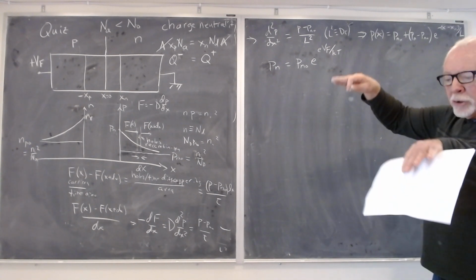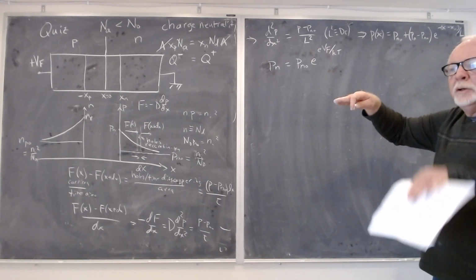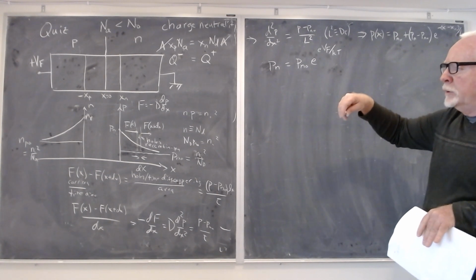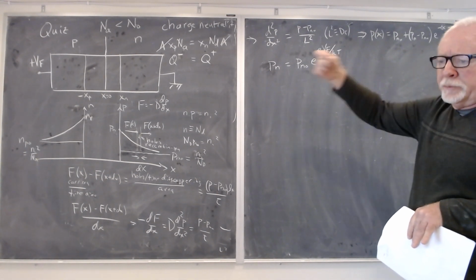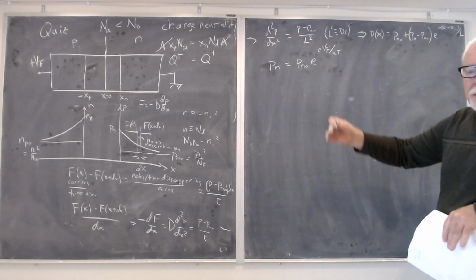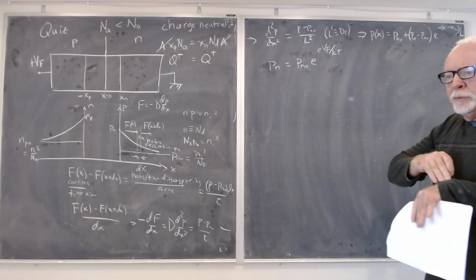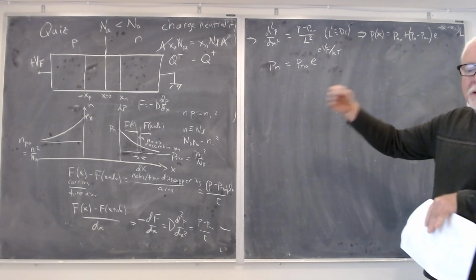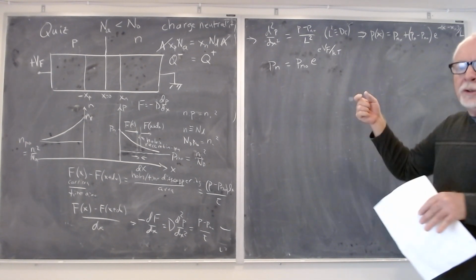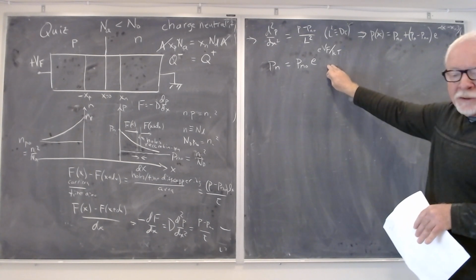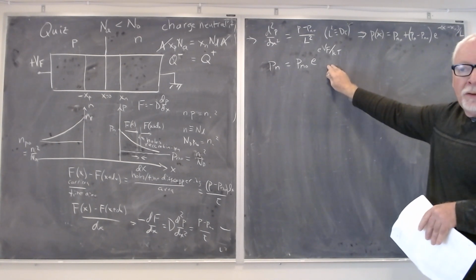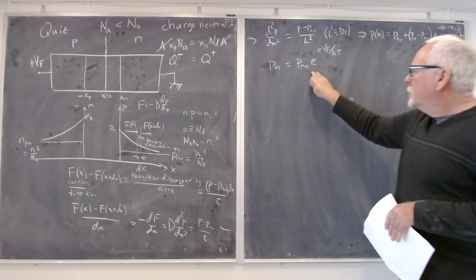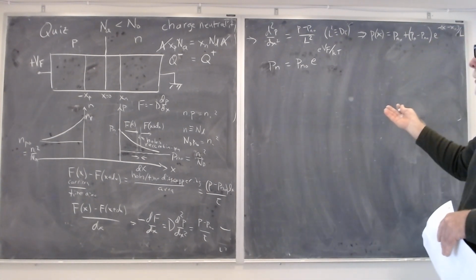The lowering of the barrier goes as the forward bias voltage, and because of the Fermi-Dirac function, the flood of carriers going over the barrier goes exponentially as the lowering of the barrier. So it just makes too much sense for you to question it. Just look at it and go, yeah, of course that's right.